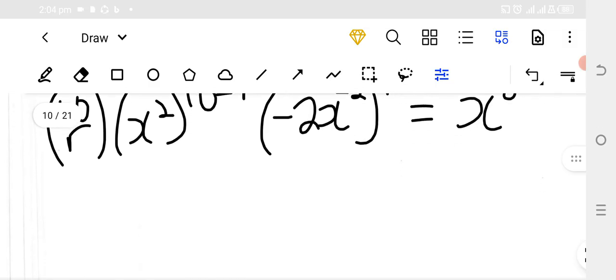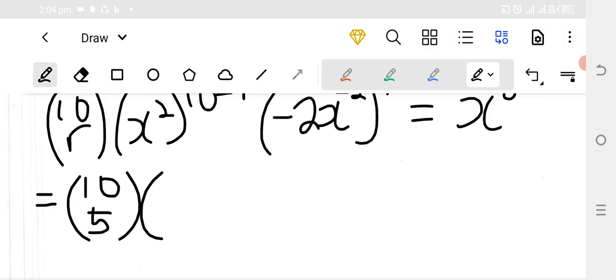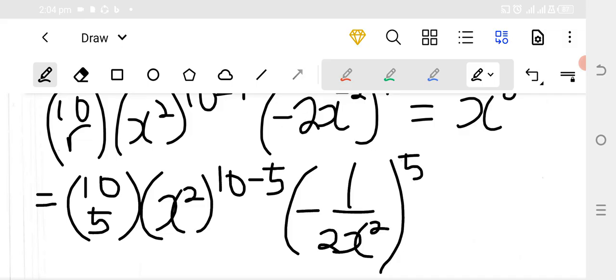So here we can substitute. It is going to be equal to 10 combination 5, r is 5, and then x squared to the power 10 minus r, which is 5, multiplied by negative 1 over 2x squared to the power r, which is 5.